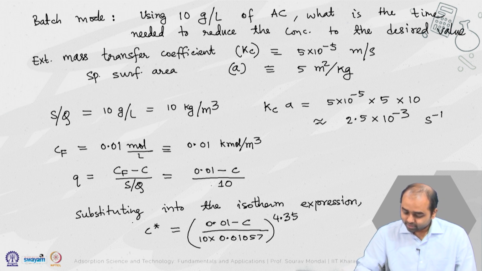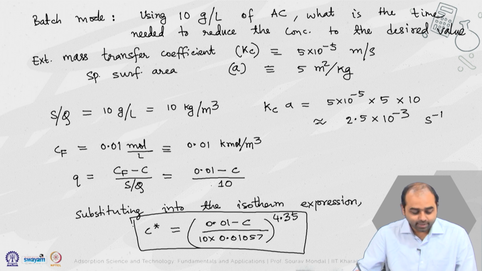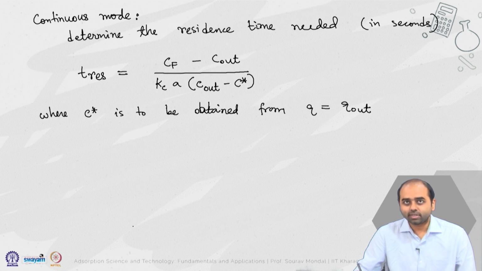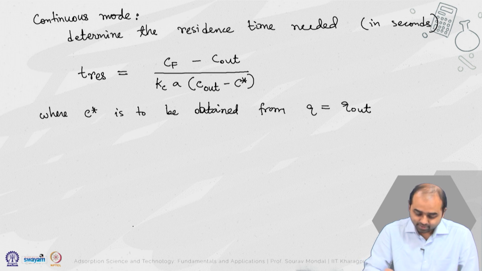So this is how the C star expression in the case of the nonlinear isotherm model would look. So we'll substitute that expression of C star here. Then the final expression of the residence time takes this form.